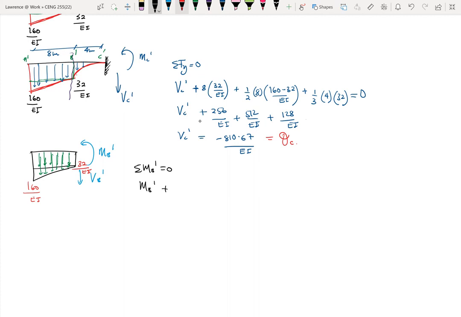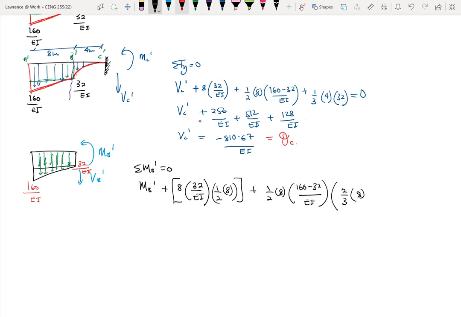For the rectangular load, the area is 8 times 32 over EI times a moment arm of half of 8. Then plus the triangular load, where the area is half of 8 times 160 minus 32 over EI, times a moment arm of 2/3 of 8. So these two should give us 0.